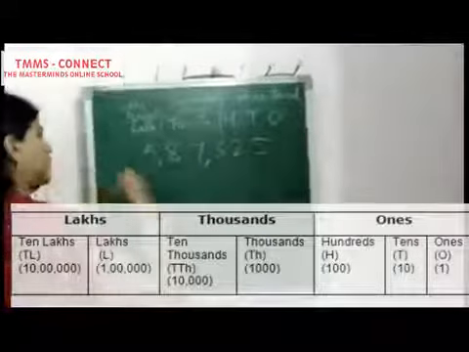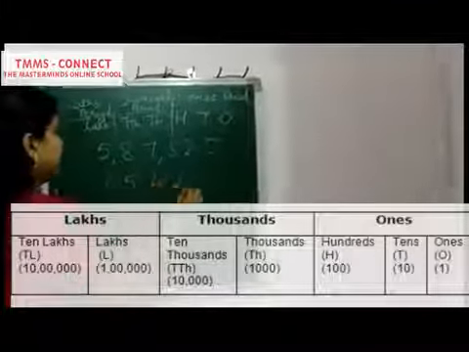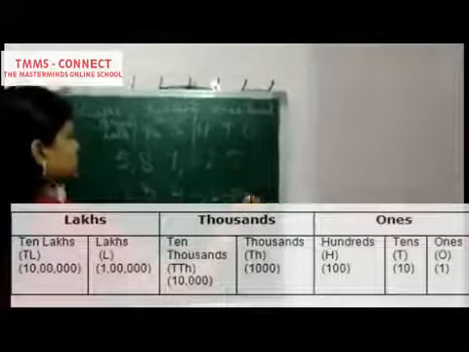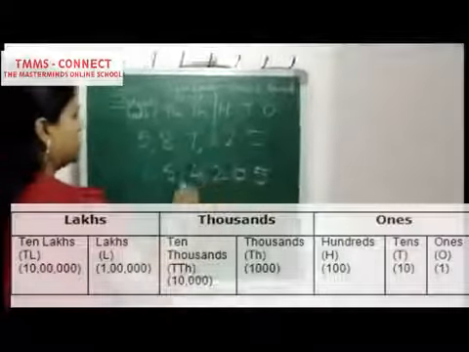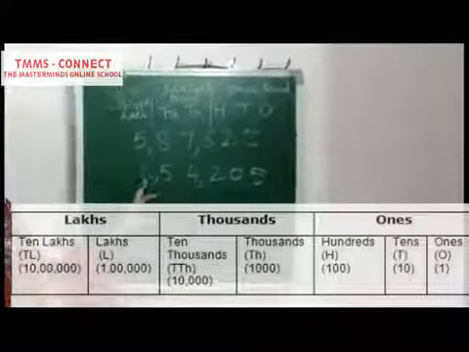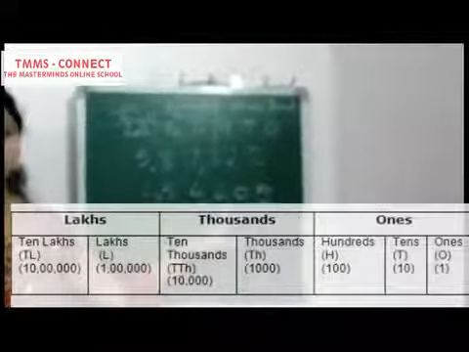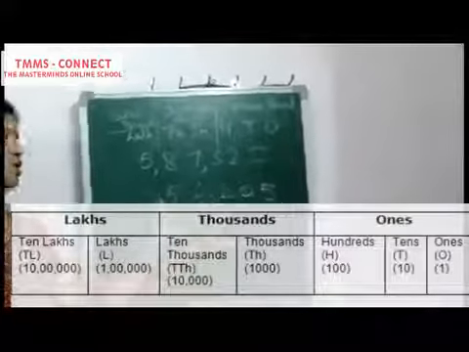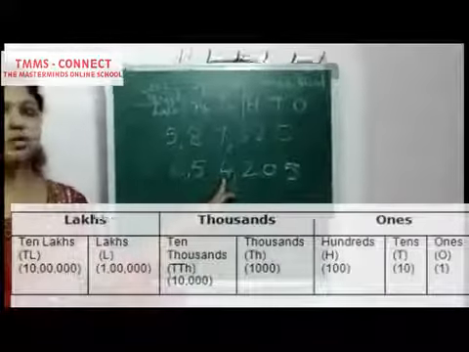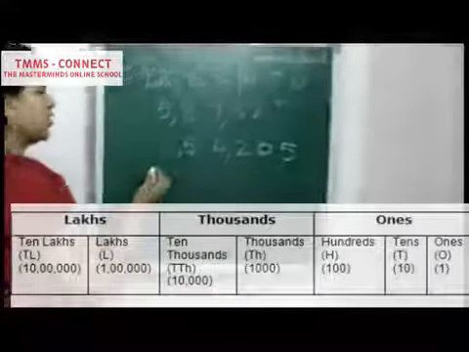We'll see one more number. Ones, tens, hundreds, comma. We'll put a comma. 1,000, 10,000. We read this number as 6,54,205. Okay, 6,54,205.